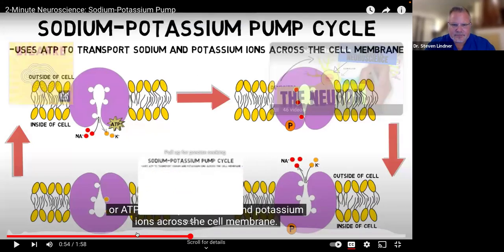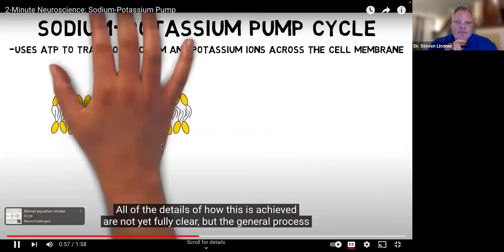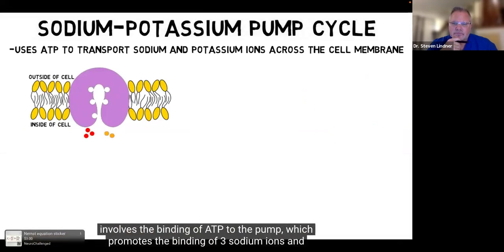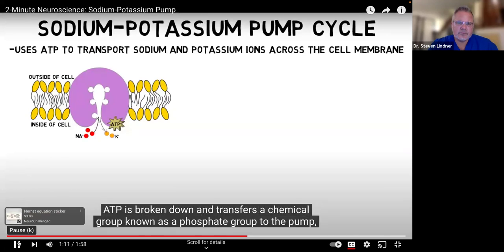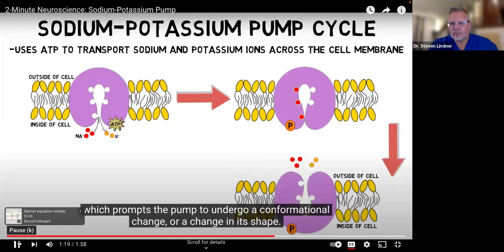Across the cell membrane. All of the details of how this is achieved are not yet fully clear, but the general process involves the binding of ATP to the pump, which promotes the binding of 3 sodium ions and the release of 2 previously bound potassium ions. ATP is broken down and transfers a chemical group known as a phosphate group to the pump, which prompts the pump to undergo a conformational change, or a change in its shape.